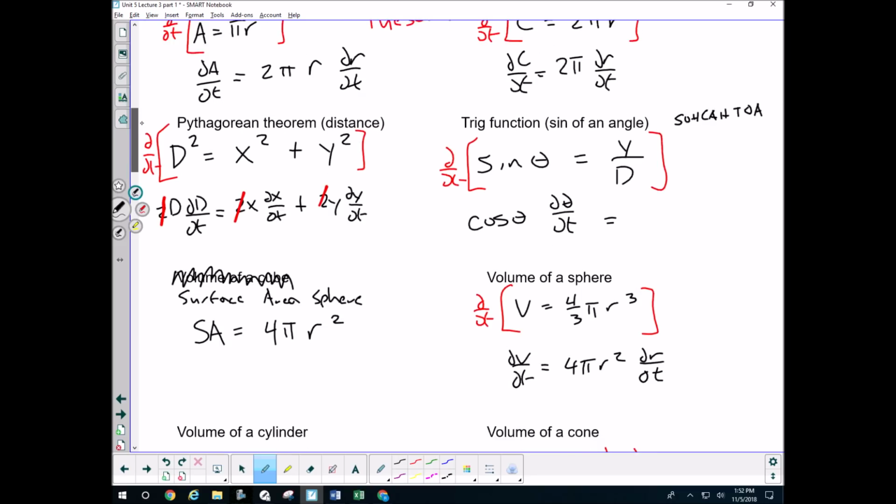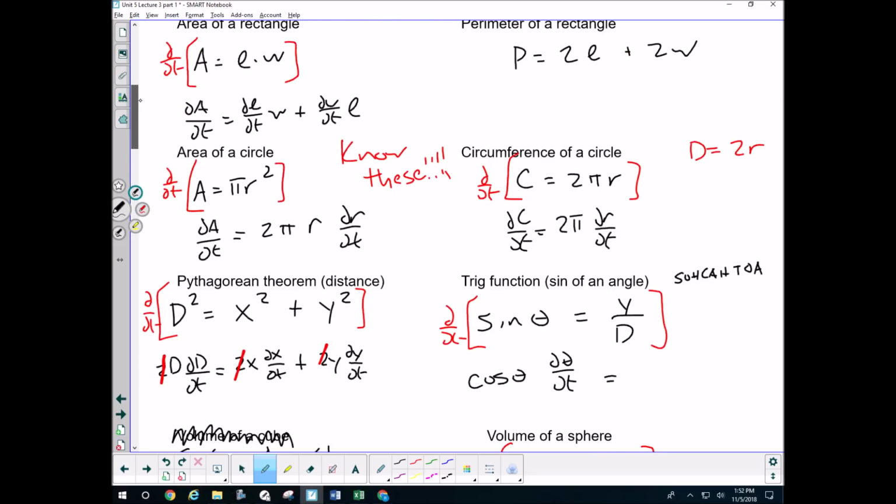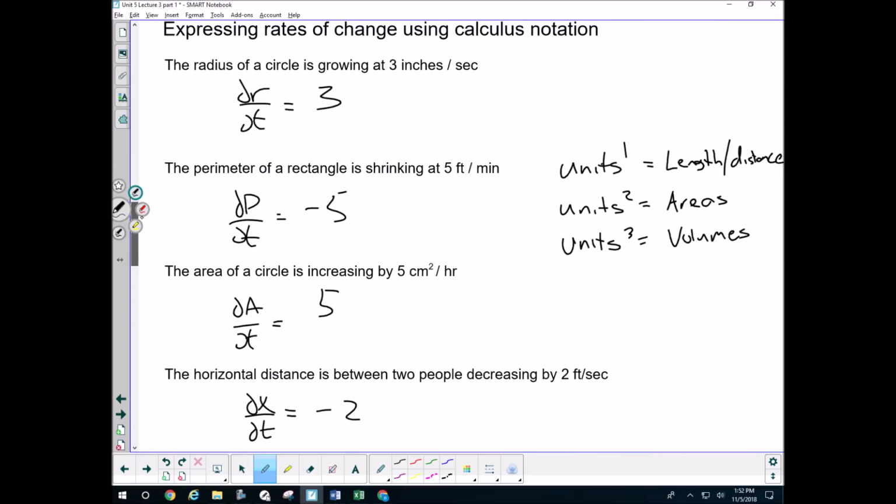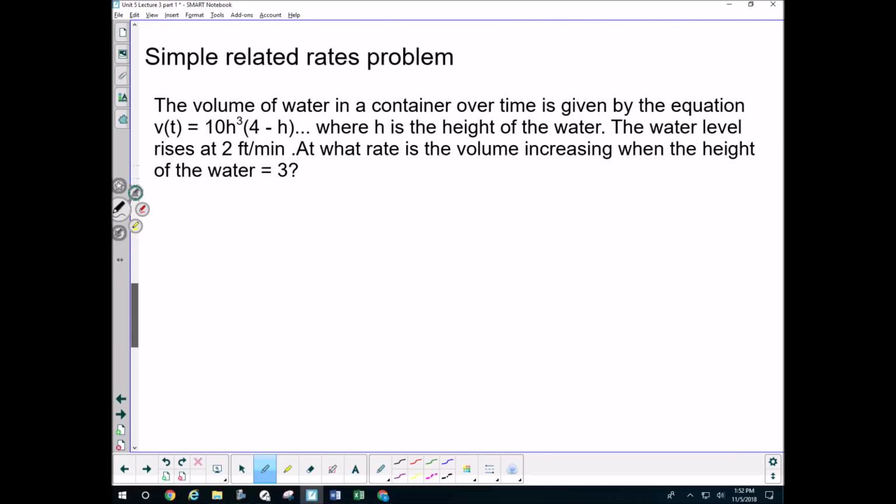So, knowing that we can take derivatives of formulas, knowing that we can translate rates of change using calculus notation, d blank dt, we're ready to start. All of these problems we're going to do today and next class will progressively get a little trickier, harder.